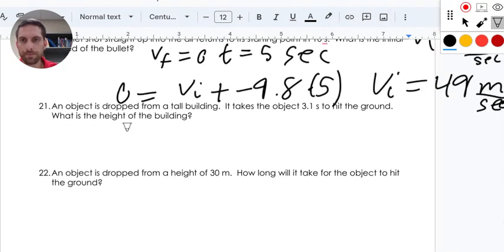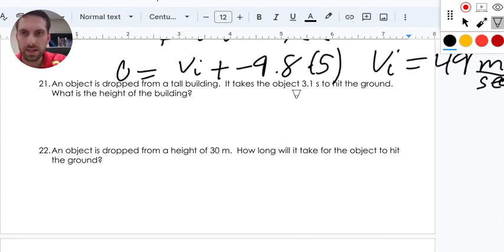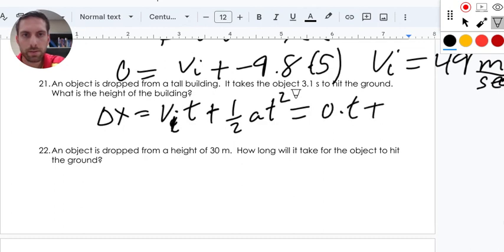Okay. Let's drop from a tall building. It takes this object 3.1 seconds to hit the ground. The height of the building is going to be an absolute value, so I'm just going to use that delta x equation. V initial is 0 because it's dropped. We know that a is negative 9.8.